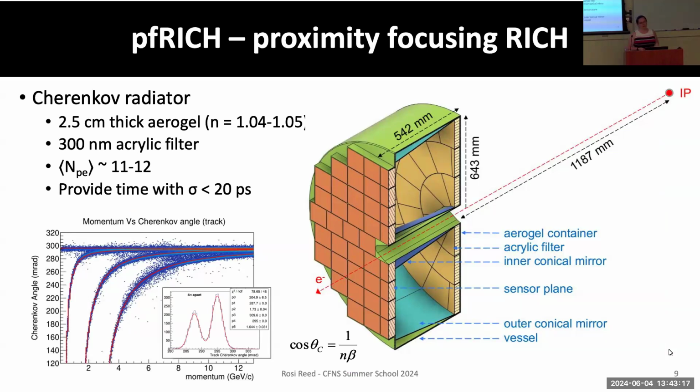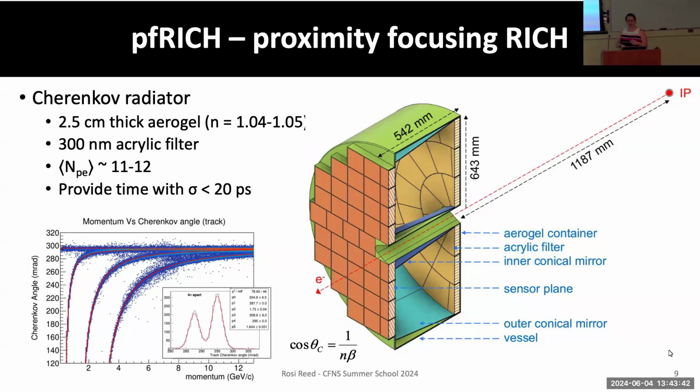The first of the detectors we'll talk about is the PF RICH. This is just proximity focusing RICH. It uses a Cherenkov radiator with 2.5 centimeter thick aerogel, which has an index of refraction of about 1.04. You notice all of these have index of refraction close to 1. It has an acrylic filter.